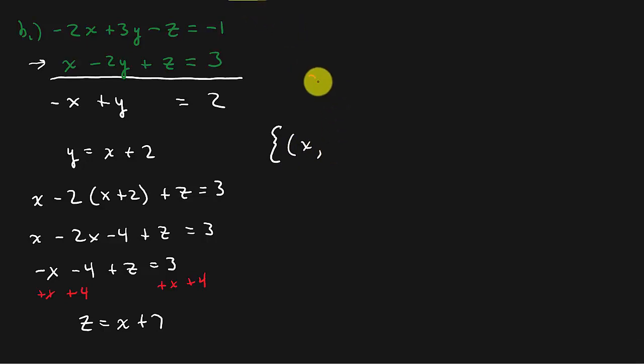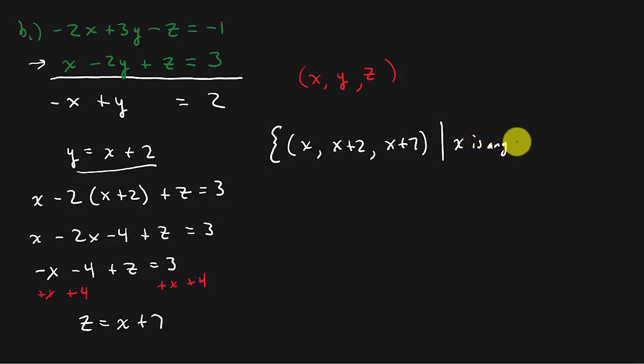Remember, it's written as x, y, z. So it's x, y, which is x plus 2, and then z, which is x plus 7. And then we would write it's the set of all these points such that x is any real number.